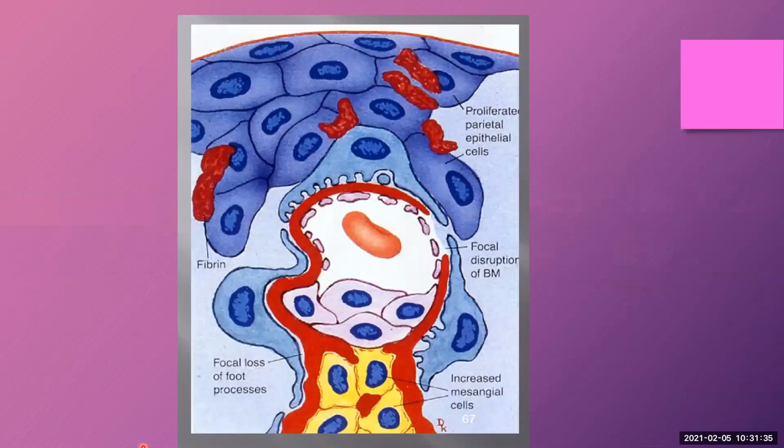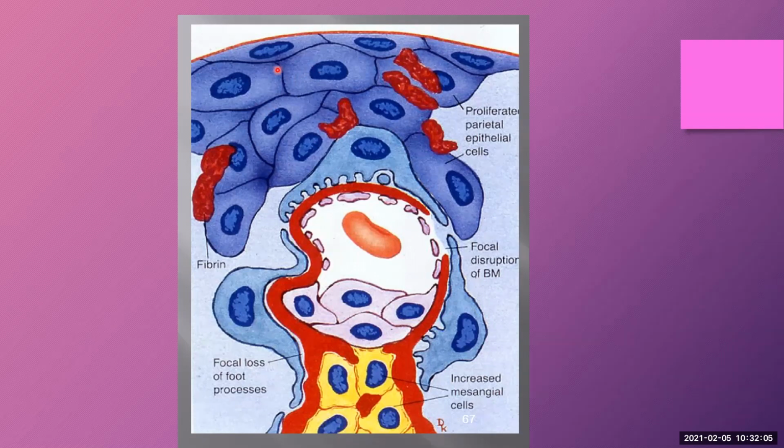Okay, let's talk about crescents. Crescents are a response to glomerular injury. I love starting off with an illustration. Looking at this illustration, we see our mesangial cells that are increased in number and proliferating in response to the immune complexes. And then we have associated injury to the capillary loop, which causes focal disruptions, allowing leakage of fibrin and other irritants to those cells that are lining Bowman space.